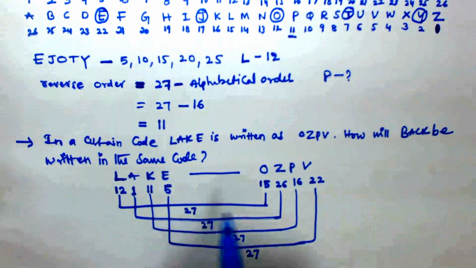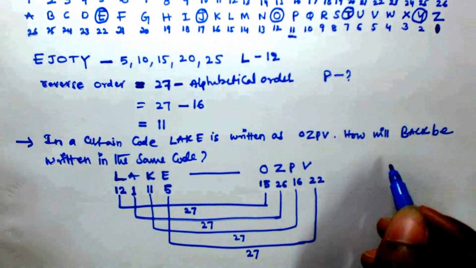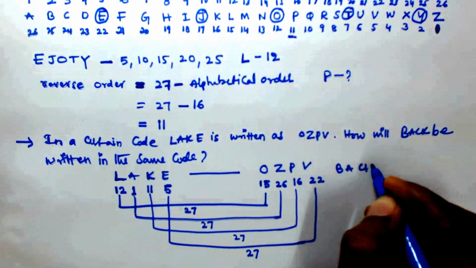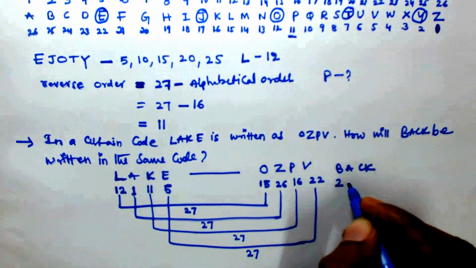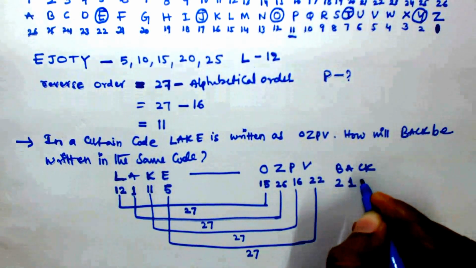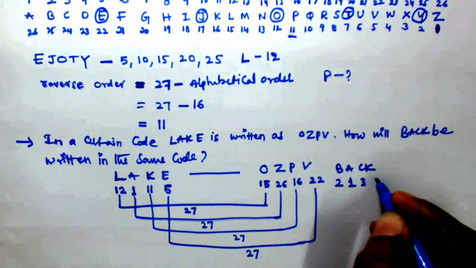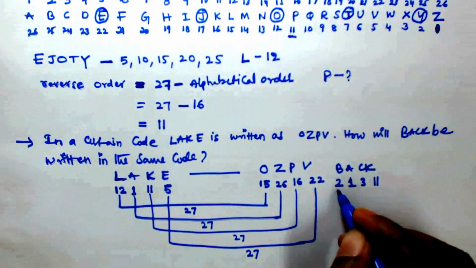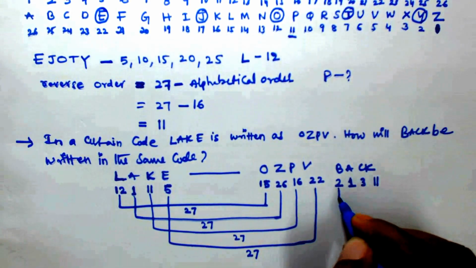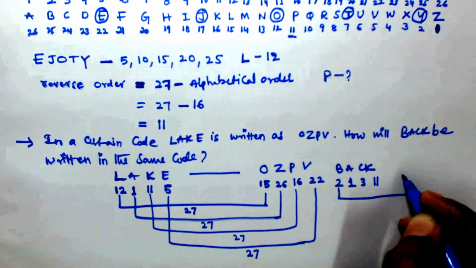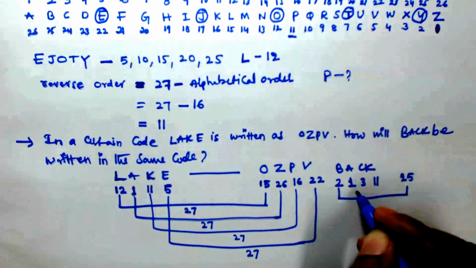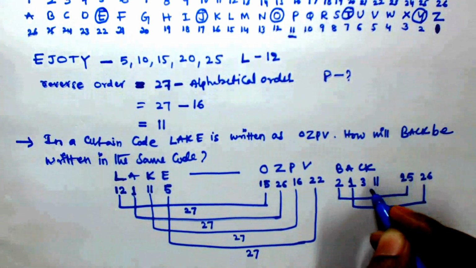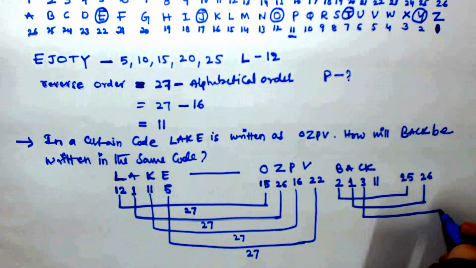In the same manner we have to write the code for BACK. B is 2, A is 1, C is 3, and after J comes K, so it is 11. Now, by adding what value to 2 do we get 27? That is 25. By adding 26 to 1 we get 27.